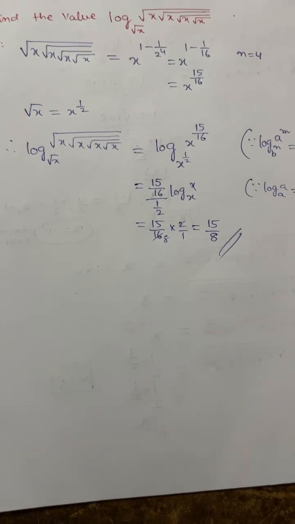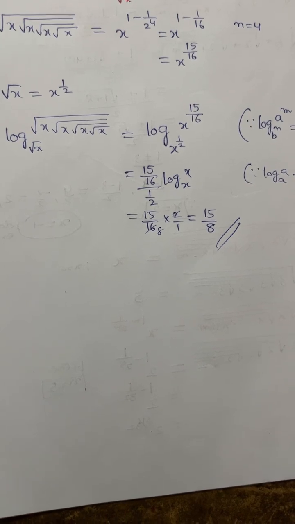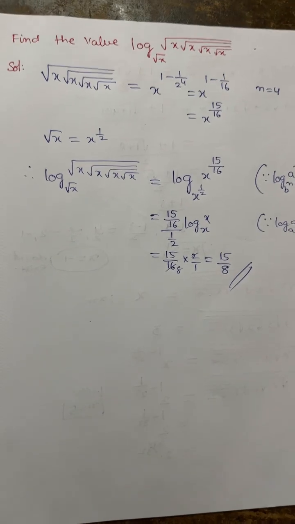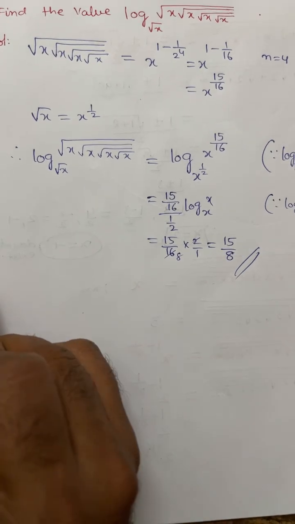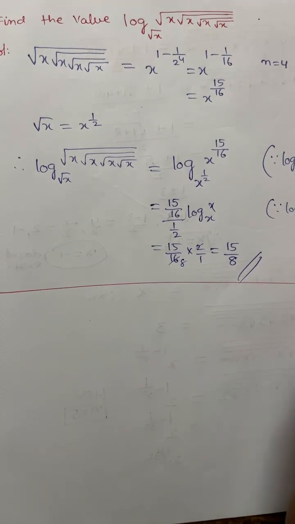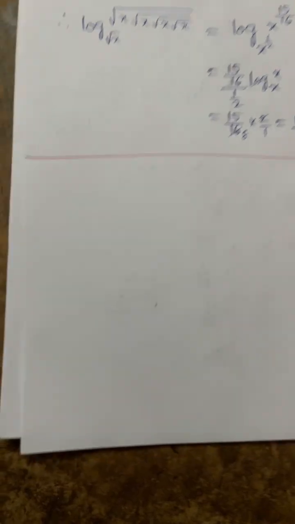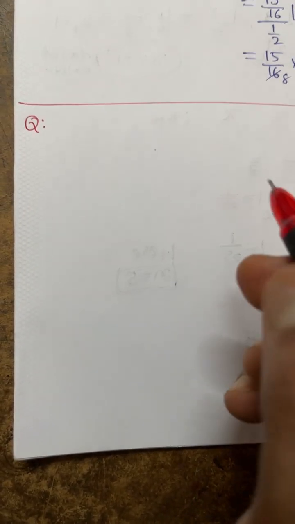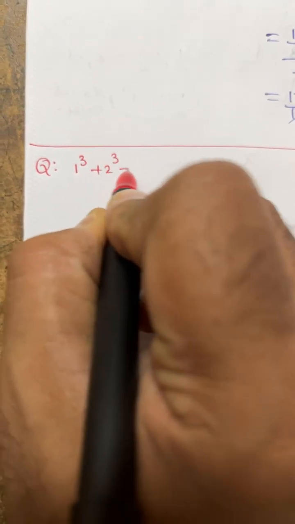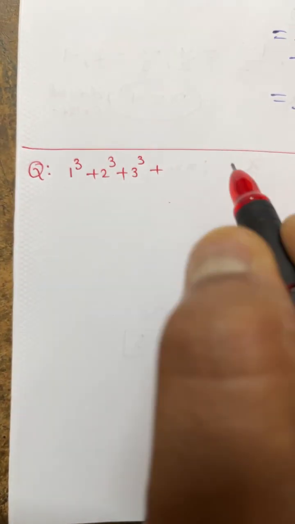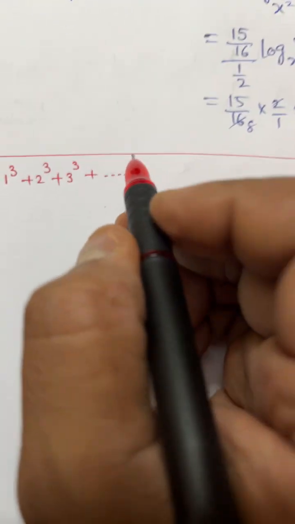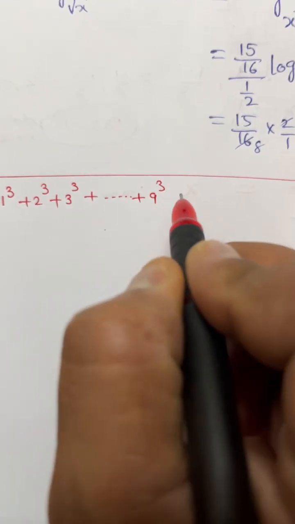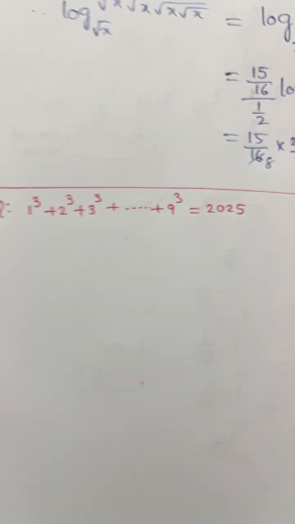So one general question I'm going to explain. It is a good question, conceptually. The question is, 1 cube plus 2 cube plus 3 cube plus and so on 9 cube is equal to 2025.